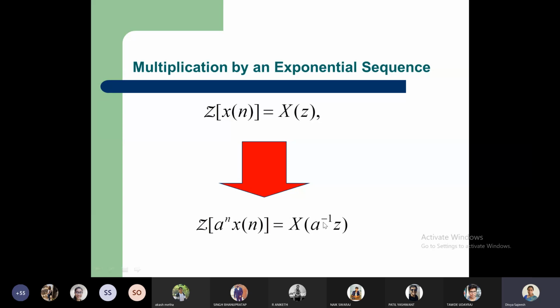So directly you can write, no need to mention the geometric sum series and all. Directly mention that by the property of Z transform, if the signal is multiplied by an exponential sequence, this line should be there: Z transform of a raised to n x of n is equal to X of a inverse z. If you mention this line directly, you can use that property and expand and obtain the Z transform as well as the ROC.